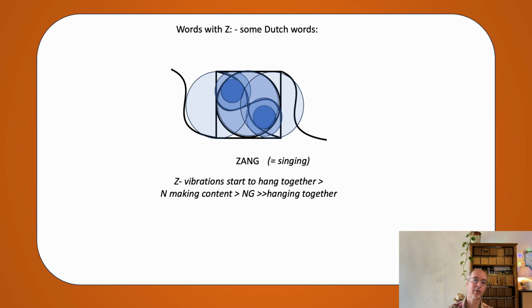And they also hang together, and that's what singing and ZANG, or the song, is: the vibrations start to hang together, they start to be brought together, and they start to work together. That's the kind of focus which is expressed with this word.